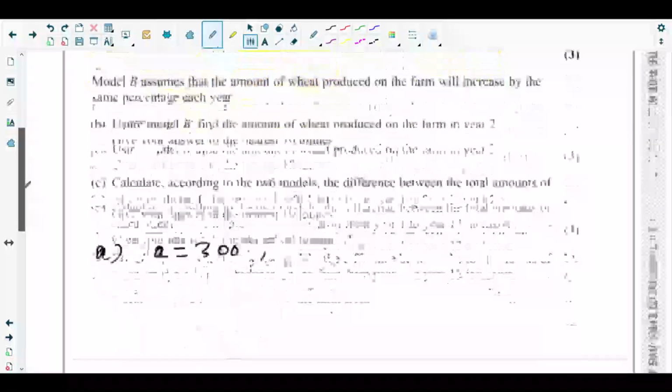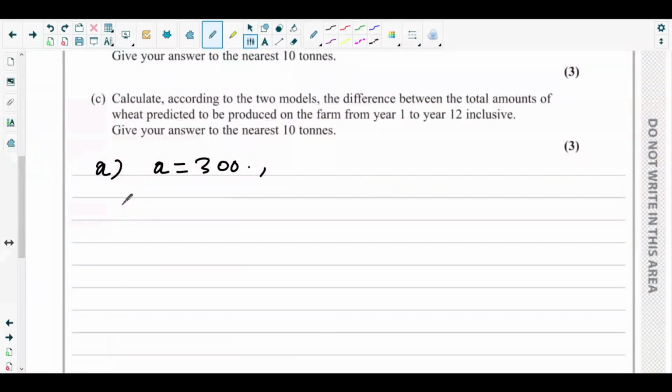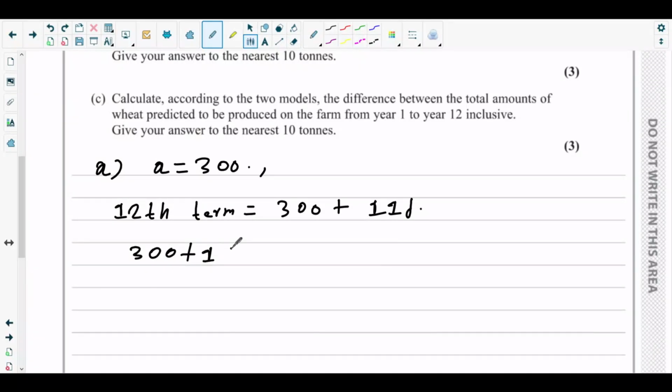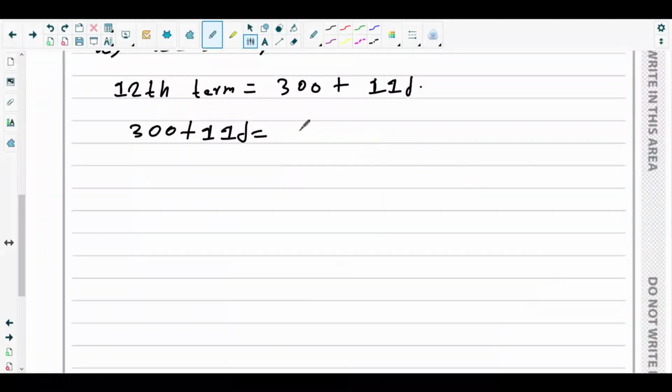The 12th term is a plus n minus 1, so 11d. So 300 plus 11d equals 4,000.